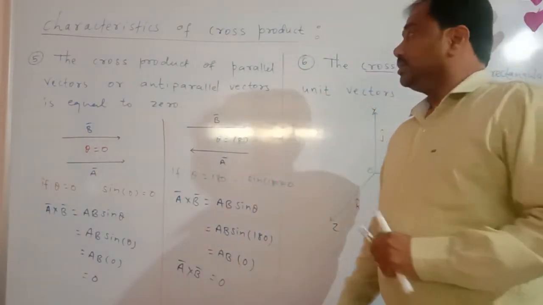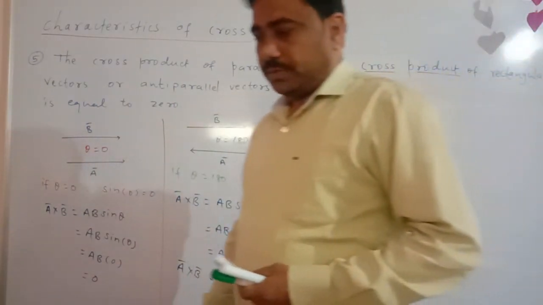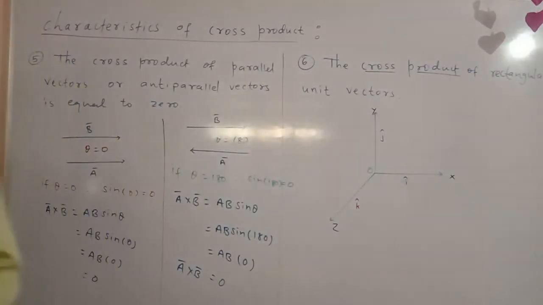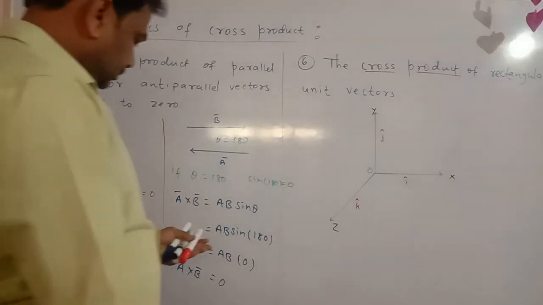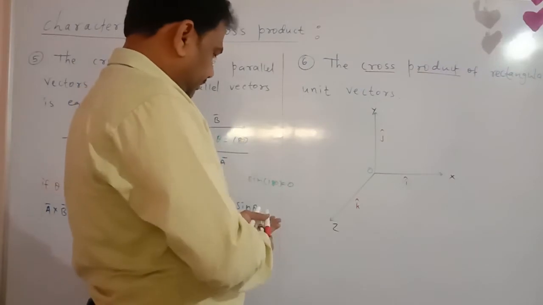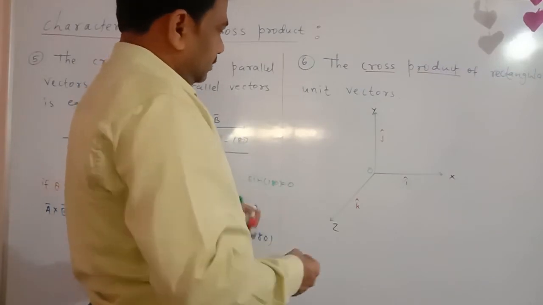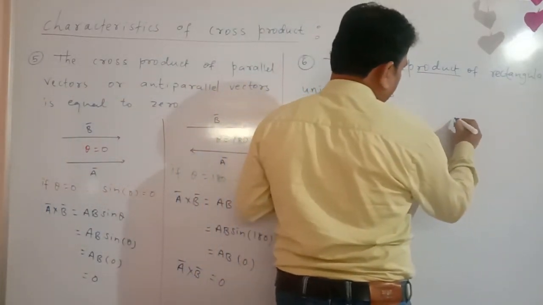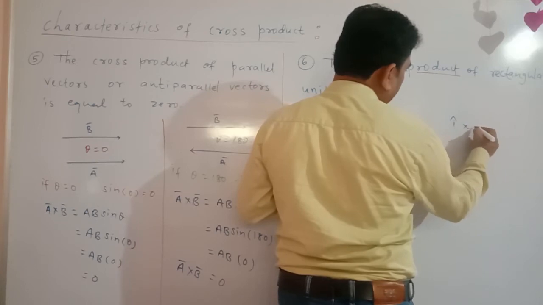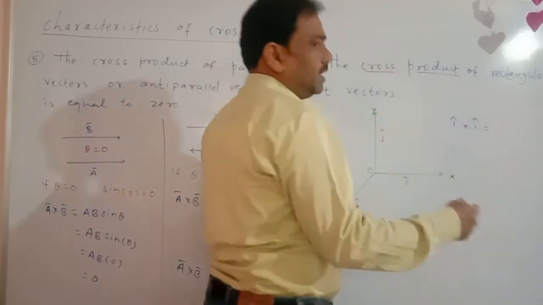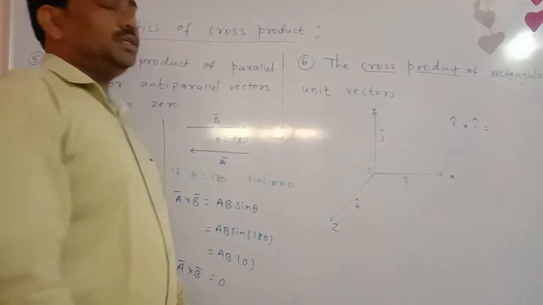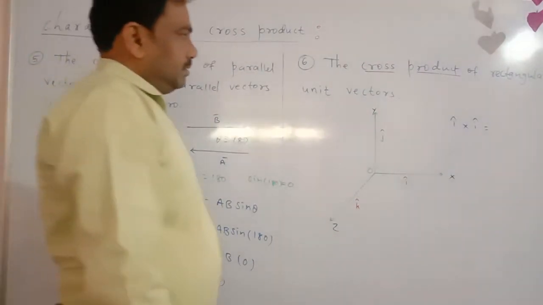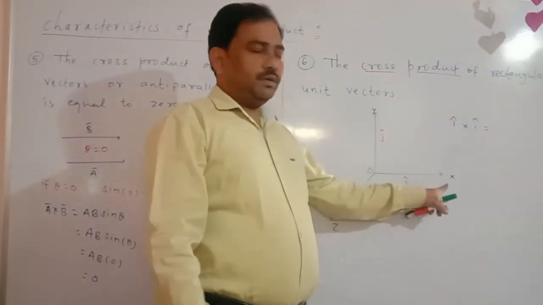Okay. So in this case, the cross product will be, suppose I write here vector i cap cross vector i cap. Then what will be the cross product of these two given vectors? i cap is the unit vector for the x axis.